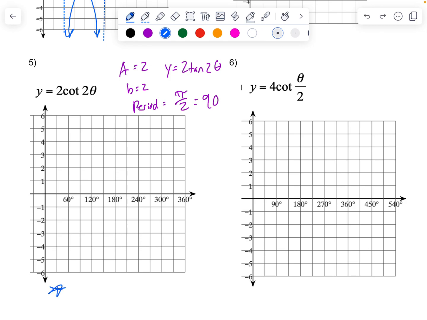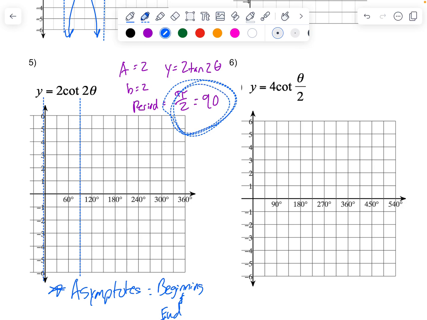So again, remember your key notes, okay? Your asymptotes are the beginning and end. Okay, so your beginning, if there's no real shifting, which we're not doing right now, your beginning is at 0. And then your ending is at 90. This should be 90. Again, that's your full period. Then from there, just find the middle point.